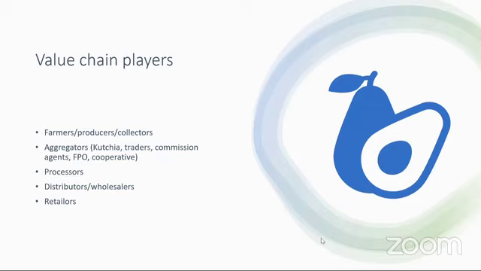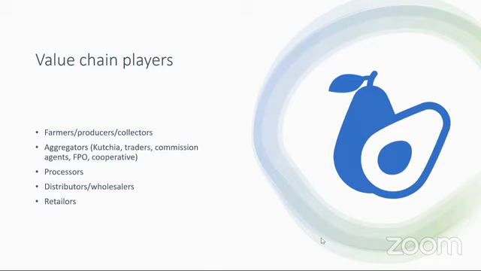If we look at the key value chain players, there are a lot of them: farmers, producers, collectors, aggregators, kuchias, traders, commission agents, FPOs, cooperatives. All these are aggregators. They play an important role in aggregating the produce. Then there are processors, distributors, and retailers.